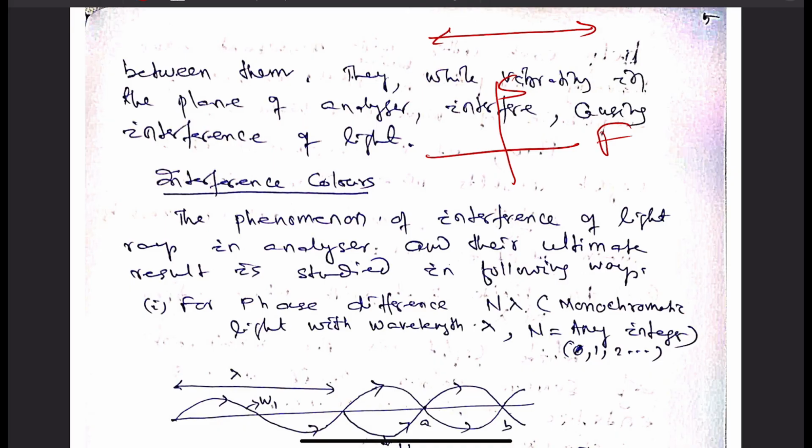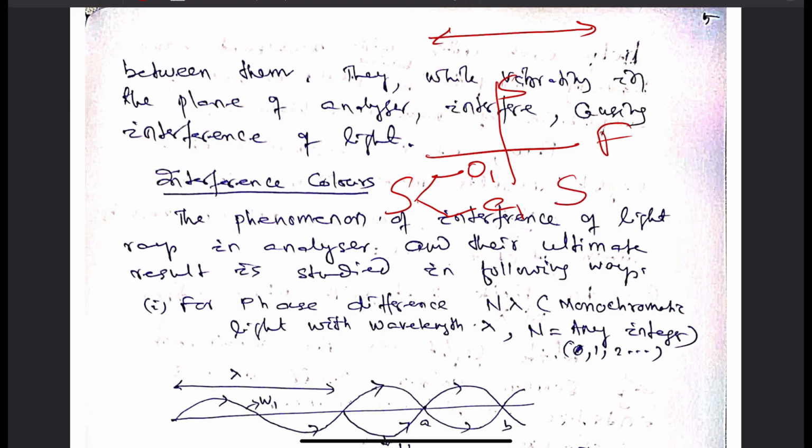And the analyzer is either a type of nickel prism or it may be a polaroid, but there each of these two rays face double refraction. So from S there will be one O1 component and E1 component.